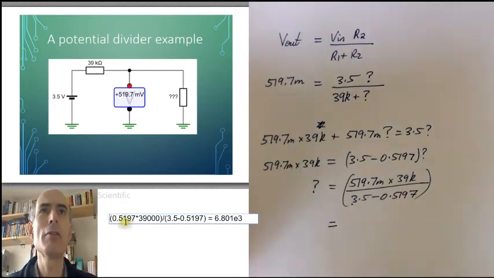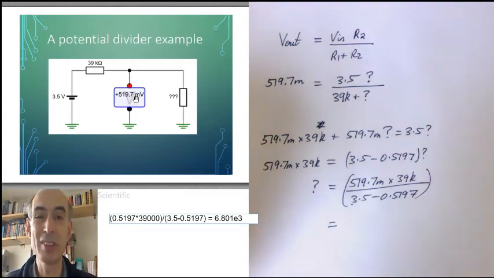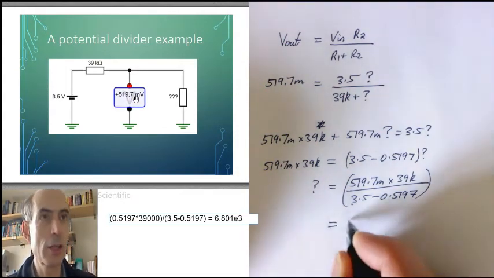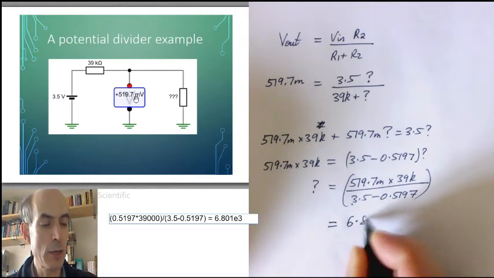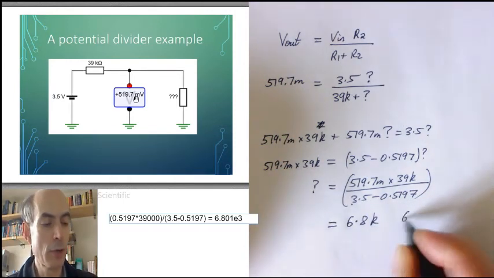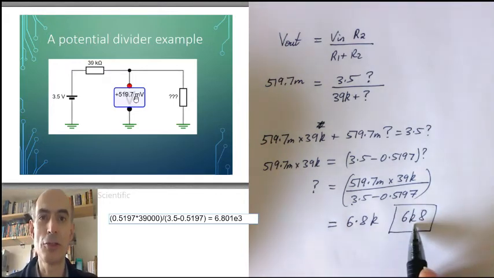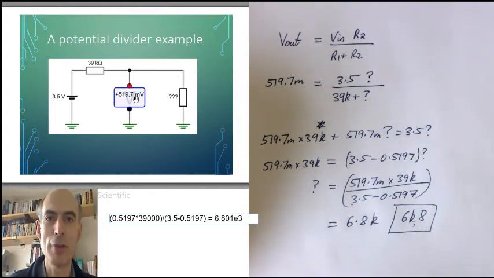Due to the fact that the output voltage here is only specified to 4 significant figures, I suspect that the actual answer is 6.8k, which I'd normally write as 6k8, because that is a standard resistance value, and the quiz app tends to pick standard resistance values when it can.